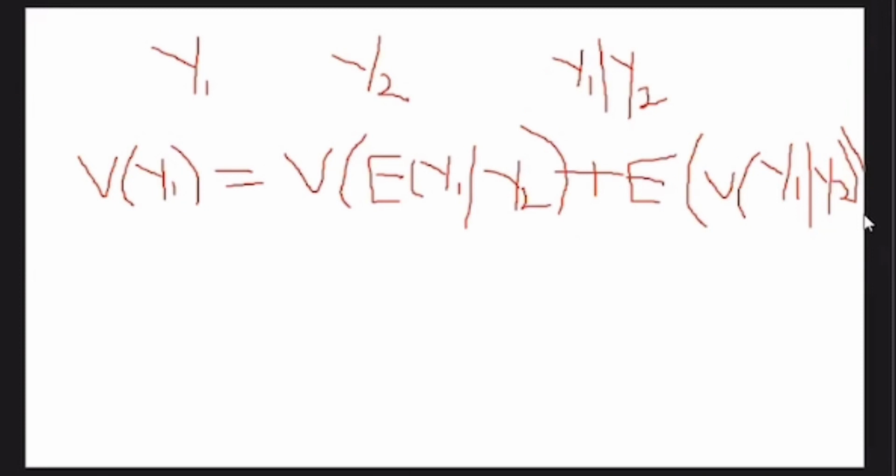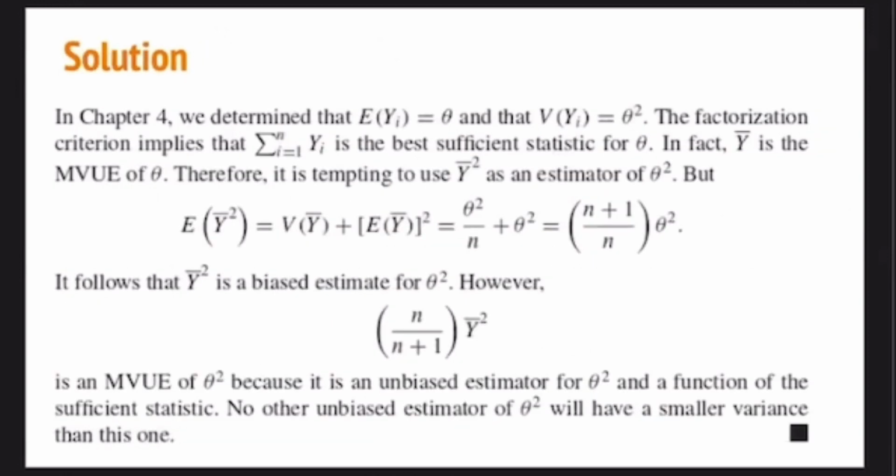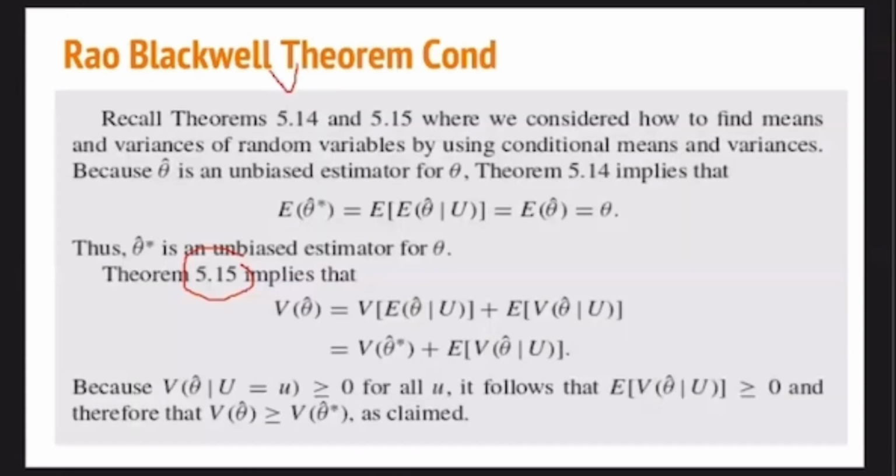Our y2 is going to be a function of the sufficient statistic. Rao-Blackwell used this approach, and you're going to see something now. That was how he was able to write this.